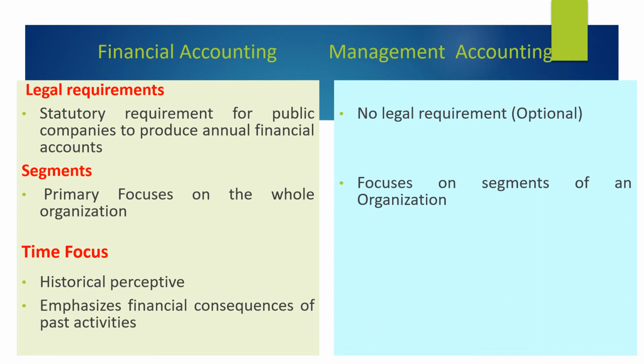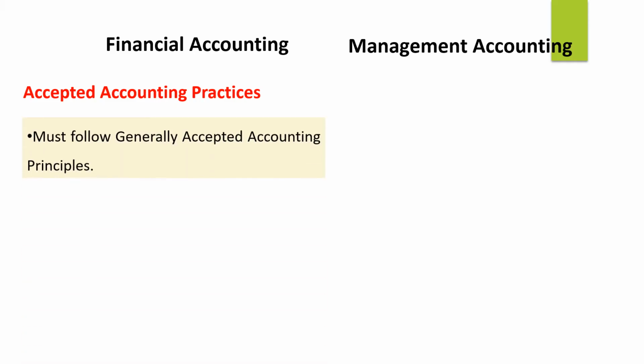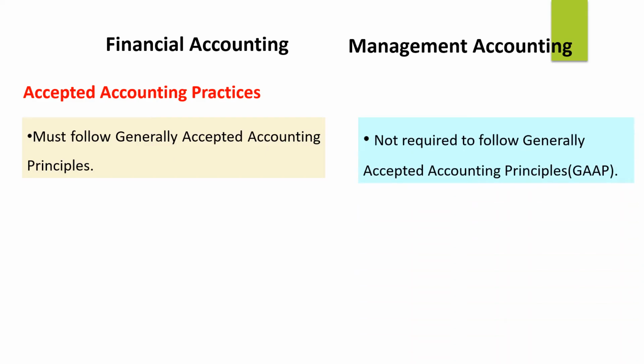It emphasizes the financial consequences of past activities. However, management accounting has a future emphasis. It's always focused on the future. There is a must to follow generally accepted accounting principles in financial accounting. However, there is no requirement to follow GAAP in management accounting.